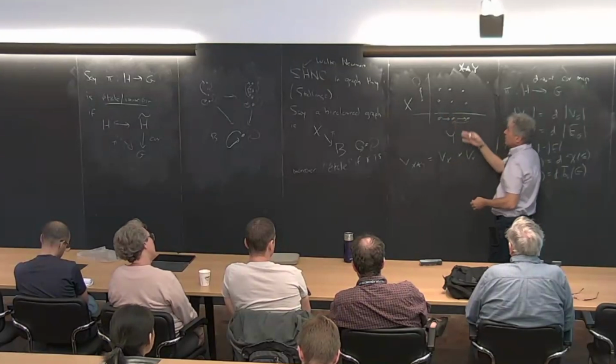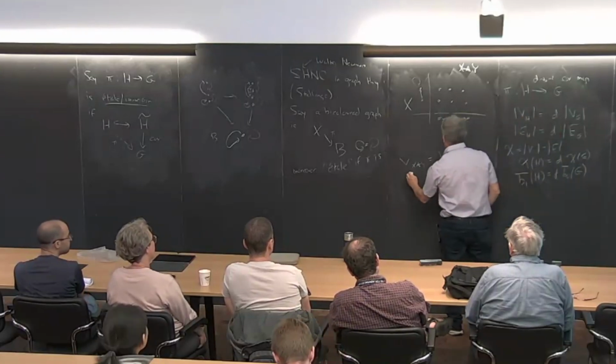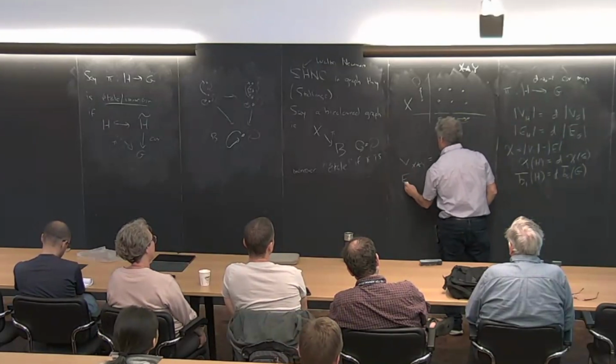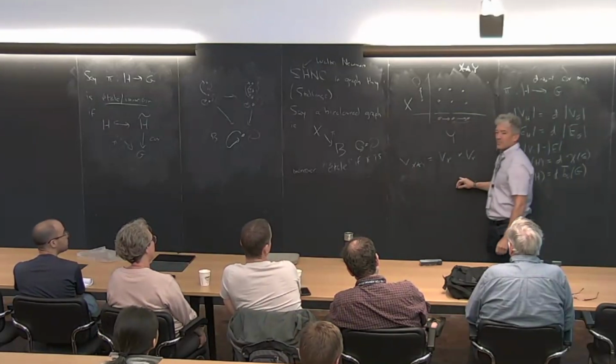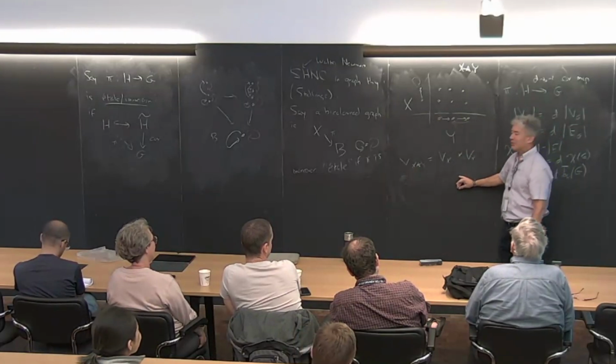To each white arrow, we make the product of the white edges. So we take, let's see. You guys in the back, can you see this if I write here? Sort of, more or less.